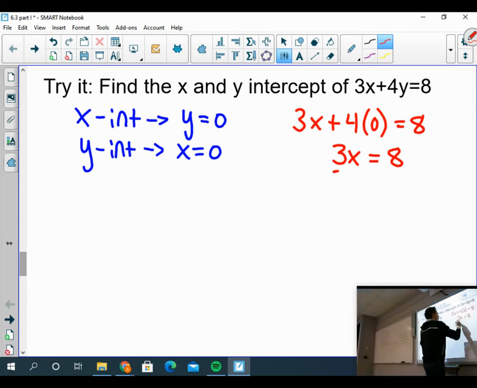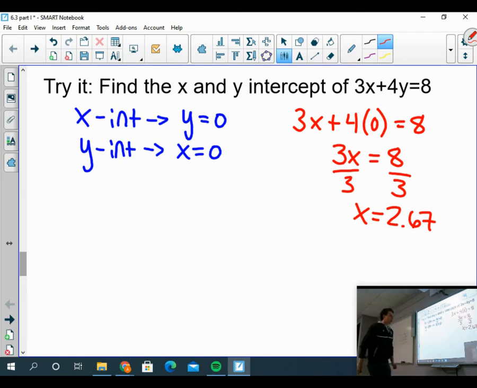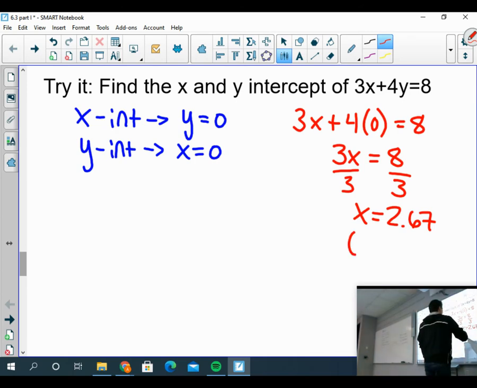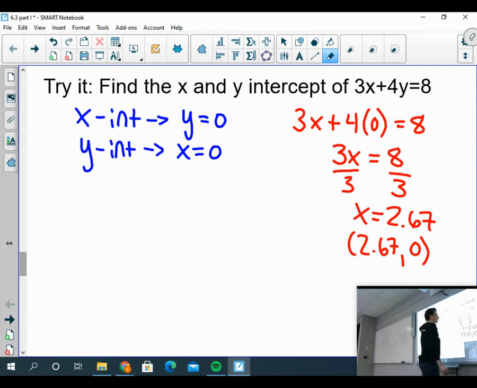From there, I divide both sides by 3, and I get x equals 2.67. And that will be my x-intercept, aka at the point (2.67, 0), I am going to cross the x-axis. This is where my x-intercept is going to occur.